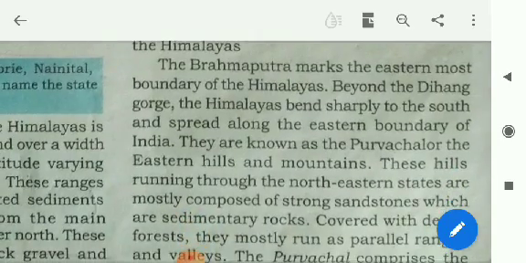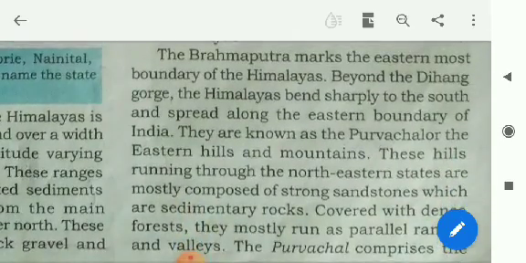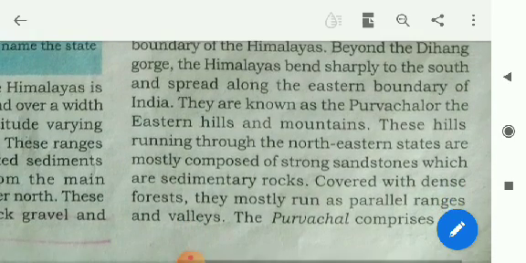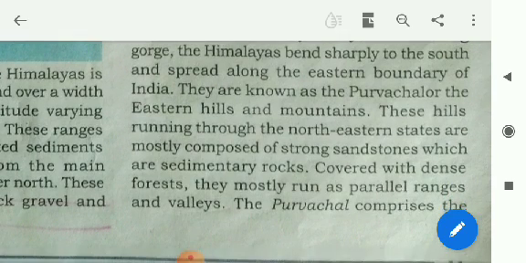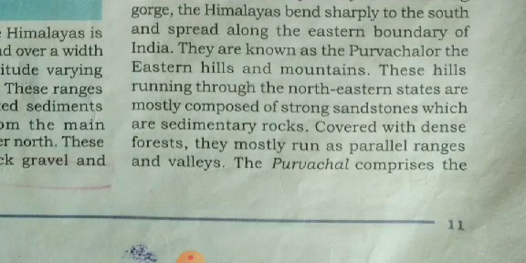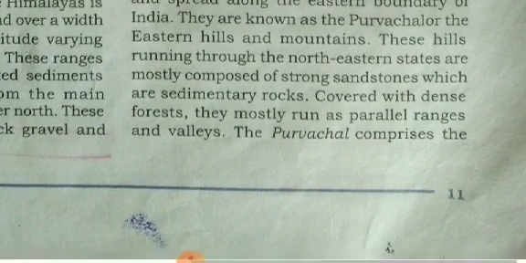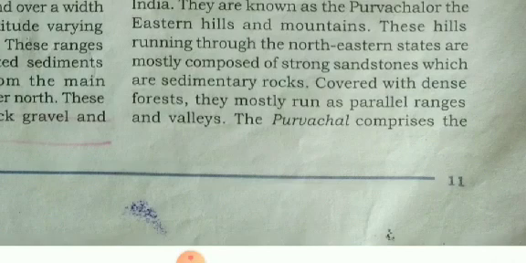The Brahmaputra marks the easternmost boundary of the Himalayas. Beyond the Dihang Gorge, the Himalayas bend sharply to the south and spread along the eastern boundary of India. They are known as the Purvachal, the eastern hills and mountains.